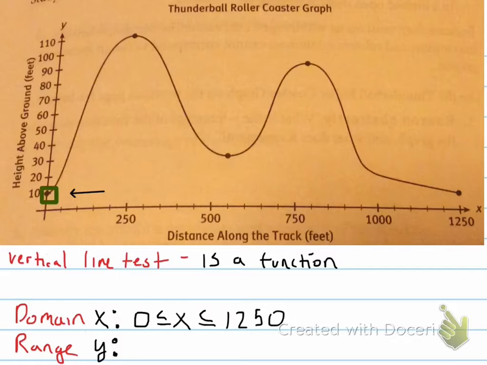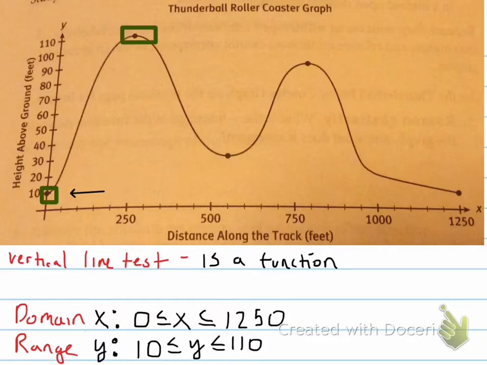There. But that's the smallest Y. What's the biggest Y? It's the height of your graph. So given those 2 points, I can say the range of Y starts at 10, less than or equal to Y, less than or equal to, and the height is 110.